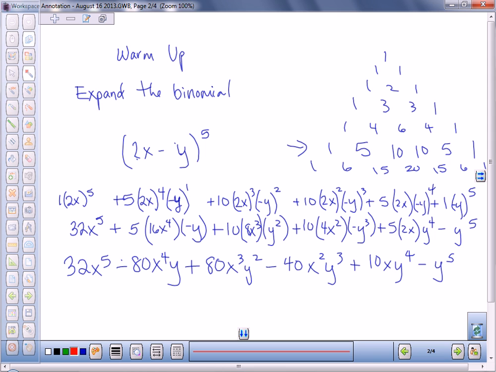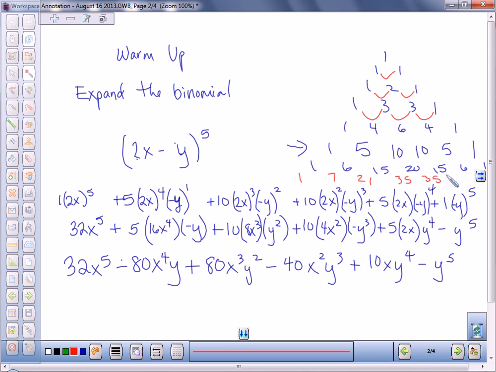Remember, to get the 2, you just add the 2 in front of it. To get the 3, you add those 2. So what would the next line be? It would be 1, 7, 21, 35, 35, 21, 7. Once you get halfway to the other side, it mimics.